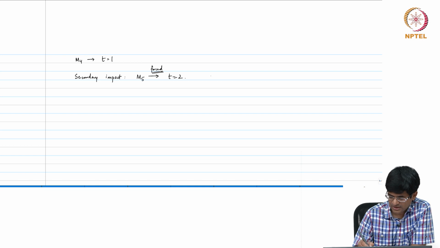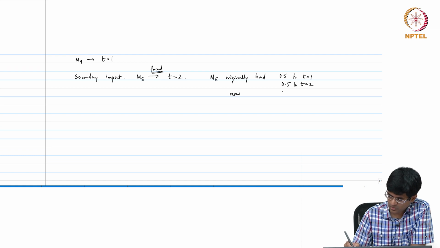In other words, M5 originally contributed 0.5 to t equal to 1, 0.5 to t equal to 2. Now, 0 to t equal to 1, because it cannot be in t equal to 1 because M4 is now in t equal to 1, and 1 to t equal to 2.